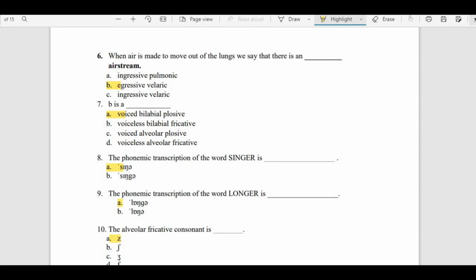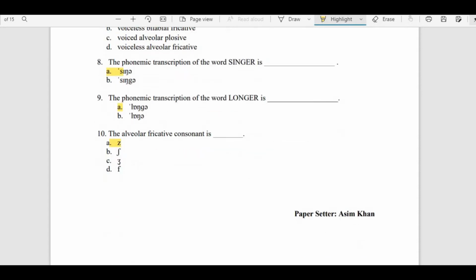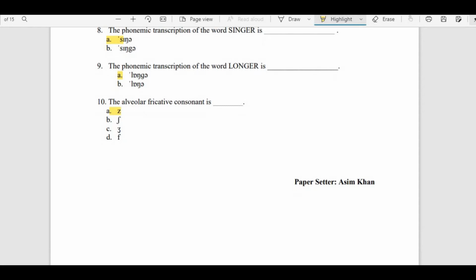B is a voiced bilabial plosive, and the phonemic transcription of the word singer is singer. All right, you study the rules of ing in English, where to write g when g follows.